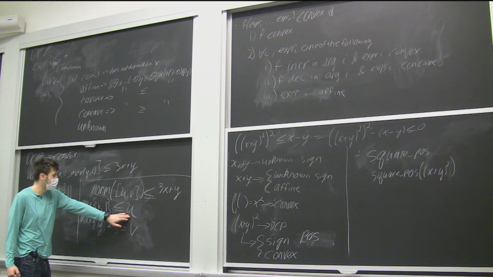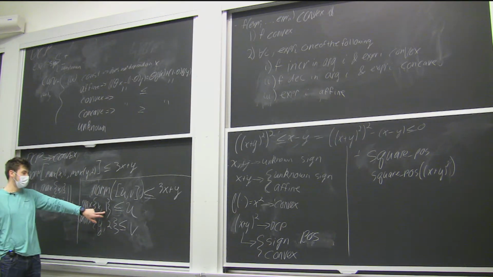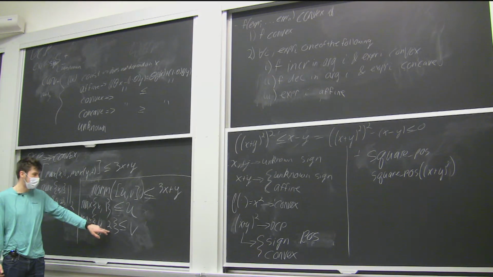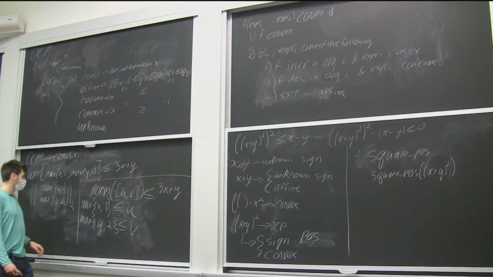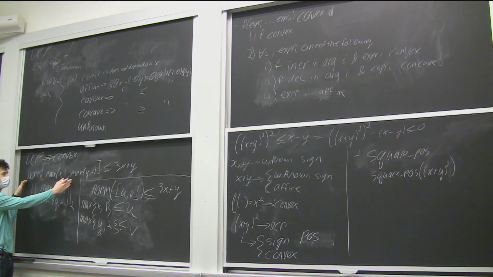If u is greater than or equal to max of x1 and x2, and v is greater than or equal to max of y1 and y2, then this constraint implies this constraint. So I'm good.